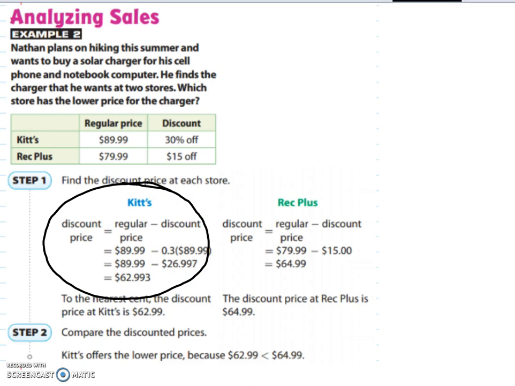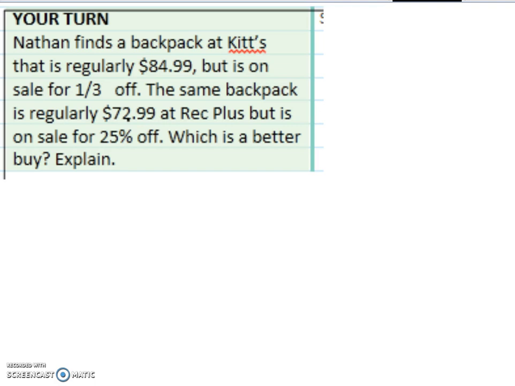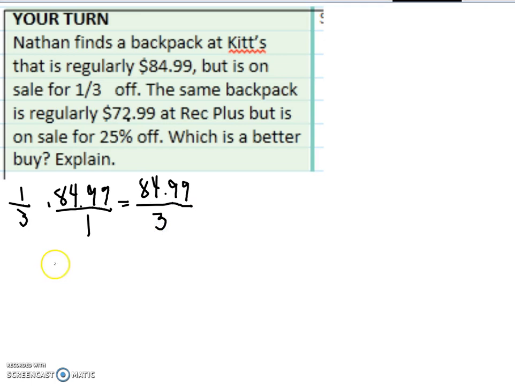All right, let's try one. Nathan finds a backpack at Kits that is regular $84.99, but it's on sale for 1/3 off. Well, all we're doing is multiplying 1/3 times $84.99. So when we do that, top times top, bottom times bottom, we're doing $84.99 divided by 3.